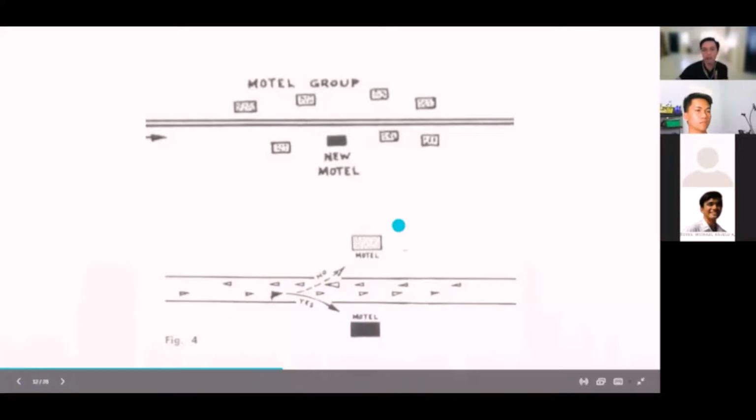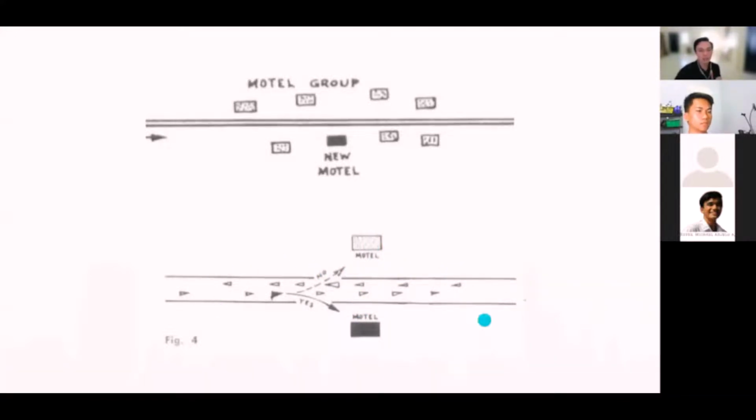And also, it is feasible to locate a motel near or sa tapat ng motel. Kasi if this highway is let's say an expressway or high-speed thoroughfare, yung daan na to is dinadaanan ng mabilis na sasakyan, it's hard for them to make a turn kung dito sila manggagaling.